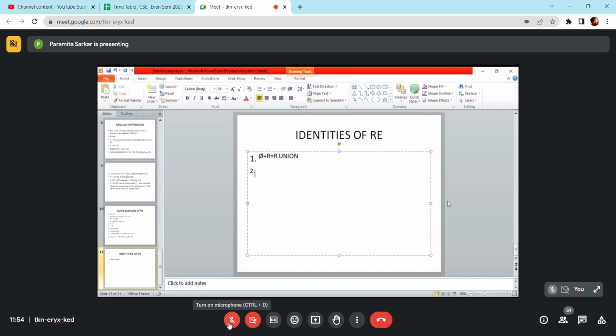The next identity is concatenation. How do you express concatenation? We can express concatenation of two regular expressions by just putting them together.